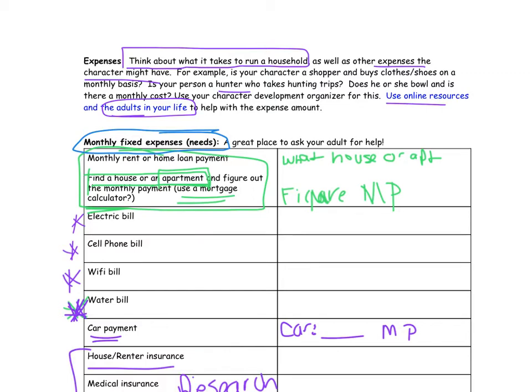It happens the same every time, but it is a need. You can't go without electricity. Well, you shouldn't go without electricity or your monthly rent or the Wi-Fi bill or the water bill. These are things that you need to survive. So hopefully you will figure out those needs, because in part 3 we're going to talk about needs versus wants.